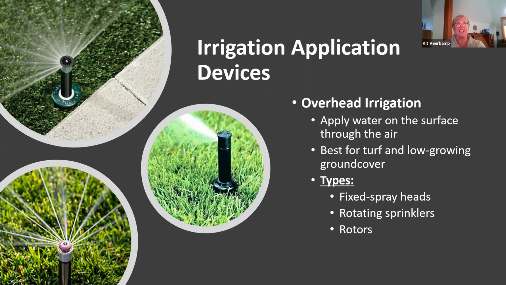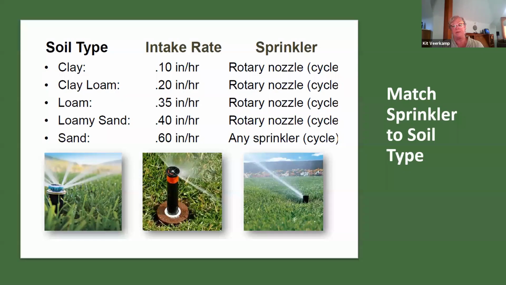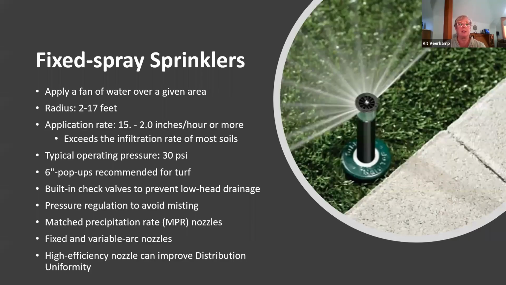So again, you need to select those types of sprinklers based on your soil, because you don't want to be applying more water than your soil can handle, and vice versa. You need to apply enough water that you're actually getting coverage around your plants and in your root zone for healthy plants. Now, fixed spray sprinklers, a little more detail.